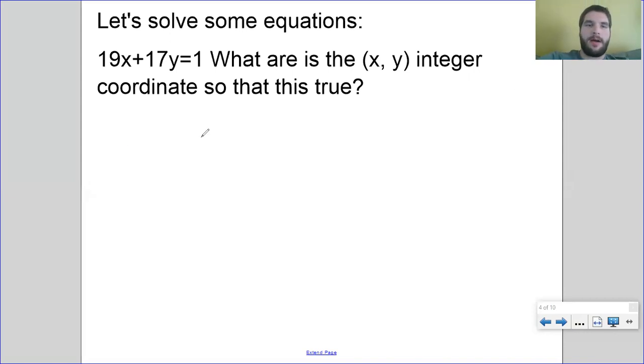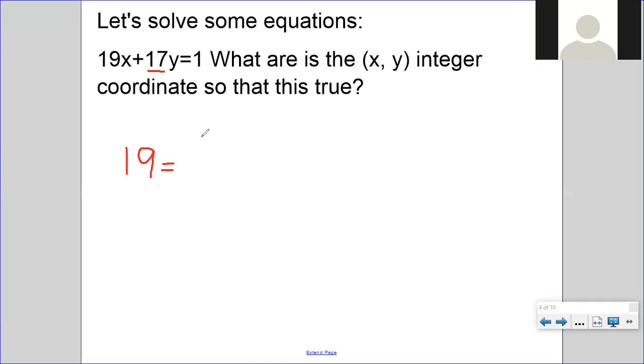Now, let's think about how we could break down 19. What is 19 equal to, in terms of 17? 17 plus 2. Good.